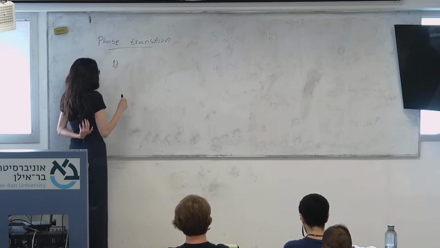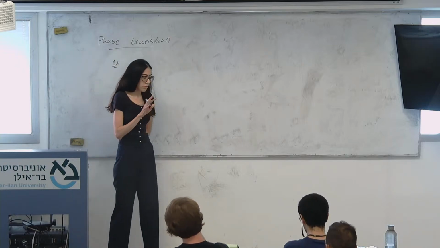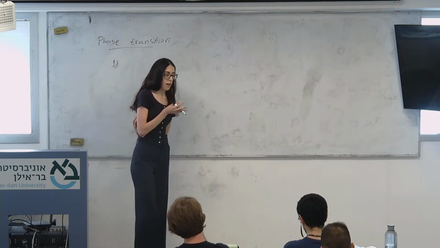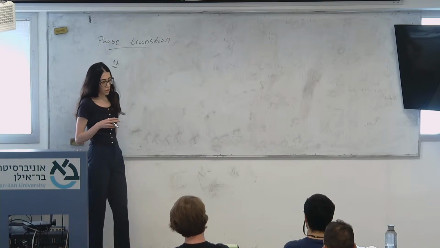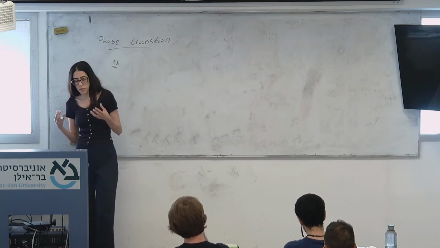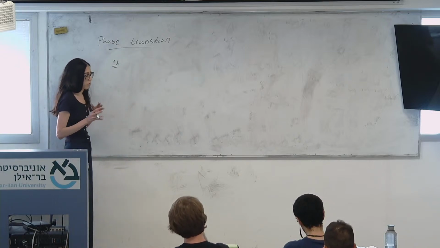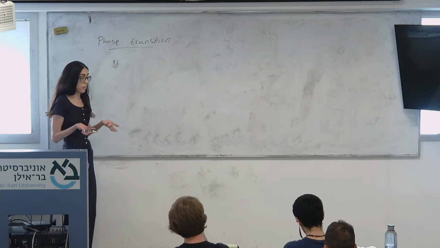So for the one-dimensional Ising model, in general, how do we define phase transition? We usually look at some specific order parameter. In the case of everything we do, it's going to be the magnetization.